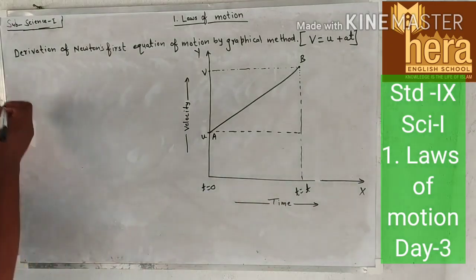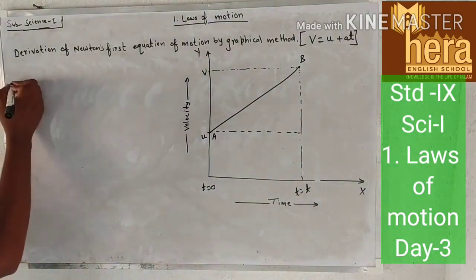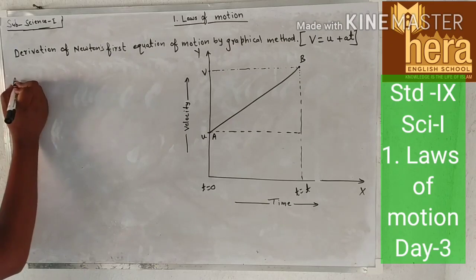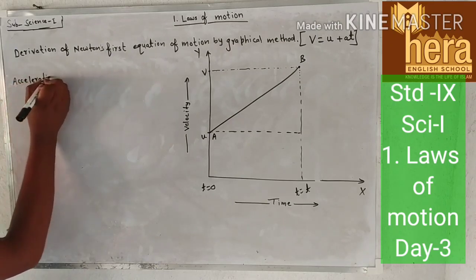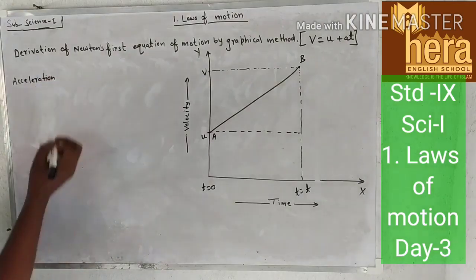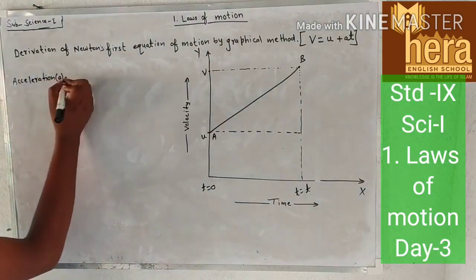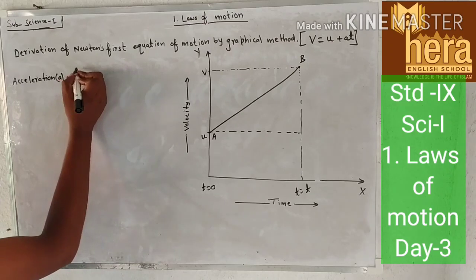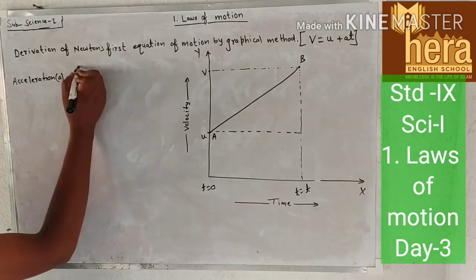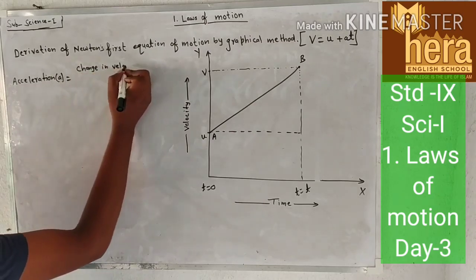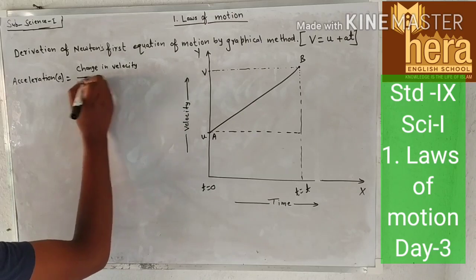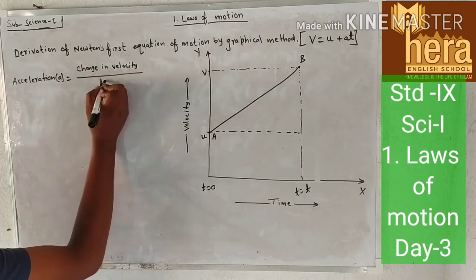So here, from the graph, acceleration a is equal to change in velocity upon time.